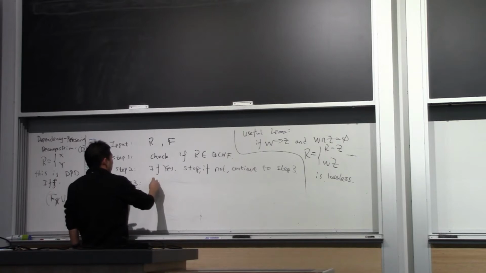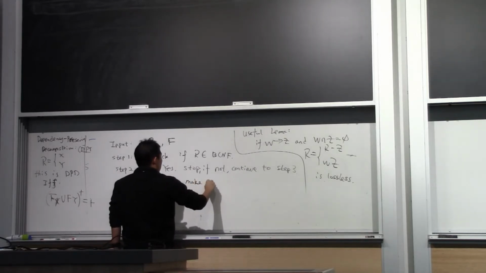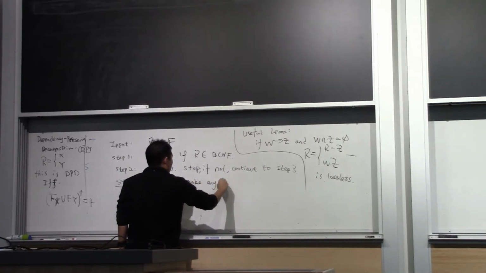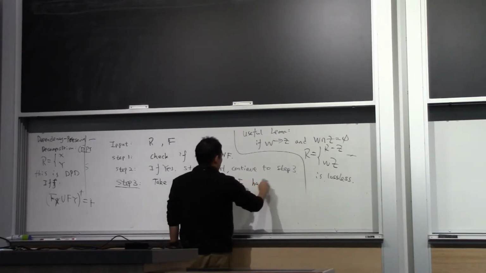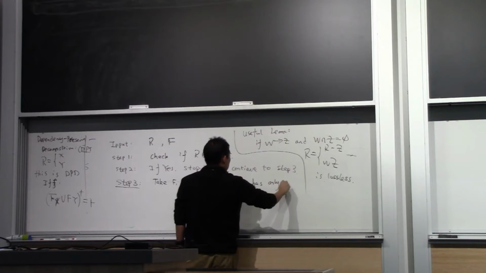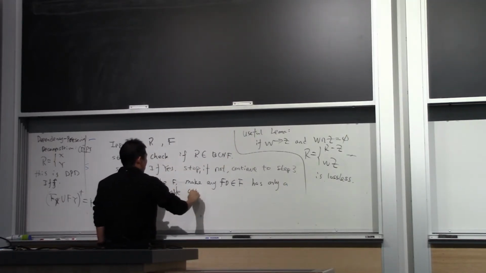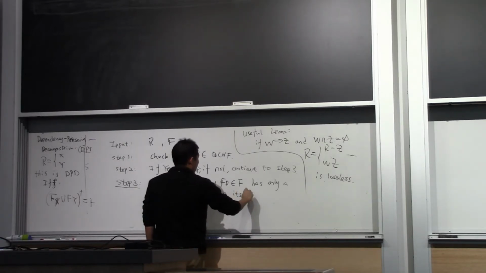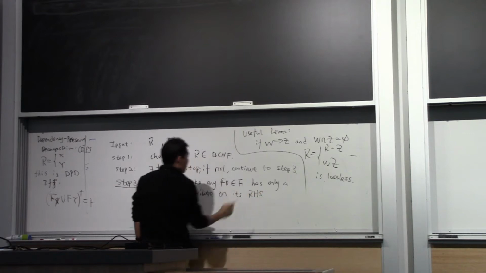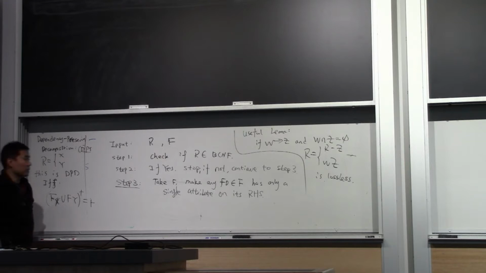Specifically, how do I recursively apply this? Well, you take F and make any functional dependency in F have only a single attribute on its right-hand side. What do I mean by that? Take any functional dependency from F and make the right-hand side a single attribute.